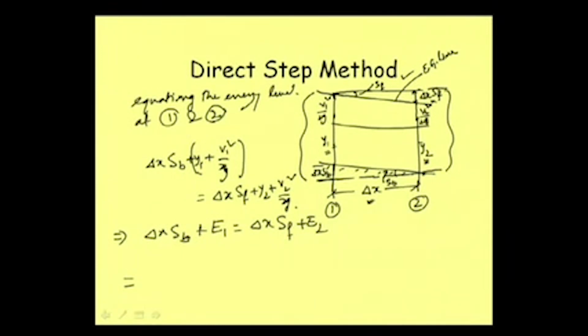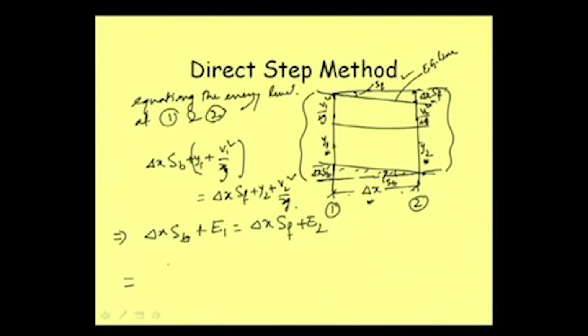Knowing y1, suppose we want to know what is y2, then we know at what distance this y2 will be. So we are trying to derive a relationship for this distance in terms of the known parameters at upstream and downstream.